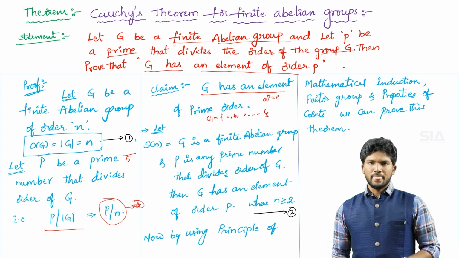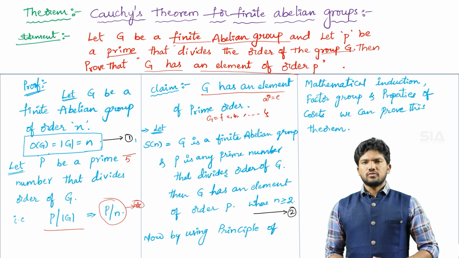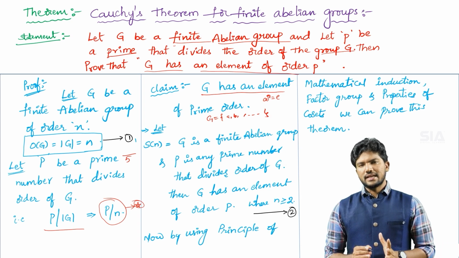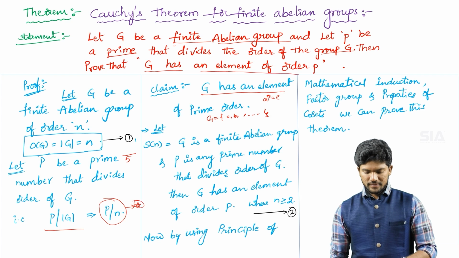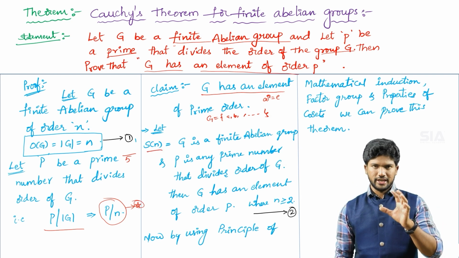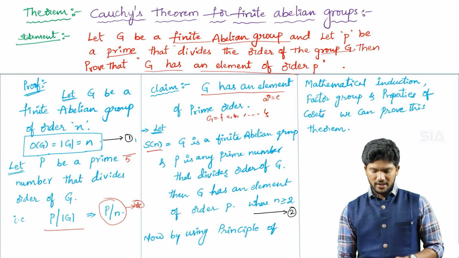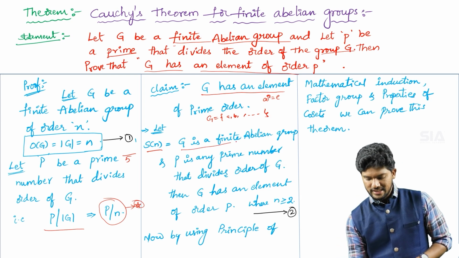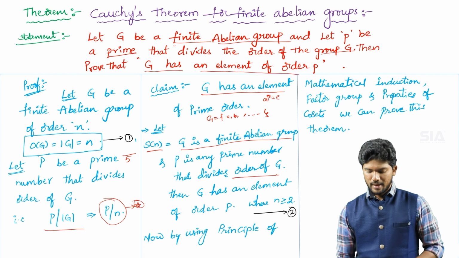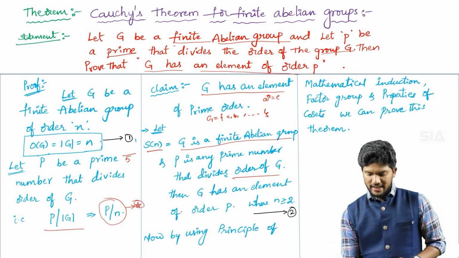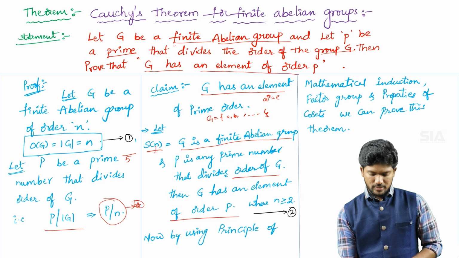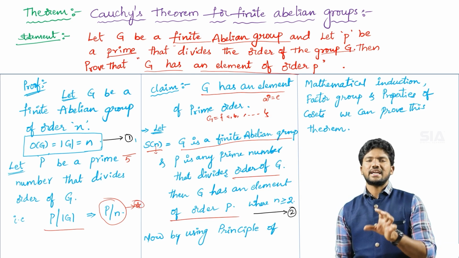To show that, we are going to prove this theorem using the principle of mathematical induction, PMI. So first I am taking the statement S(n): G is a finite abelian group and P is a prime number that divides the order of G, then G has an element of order P, where n is greater than or equal to 2.